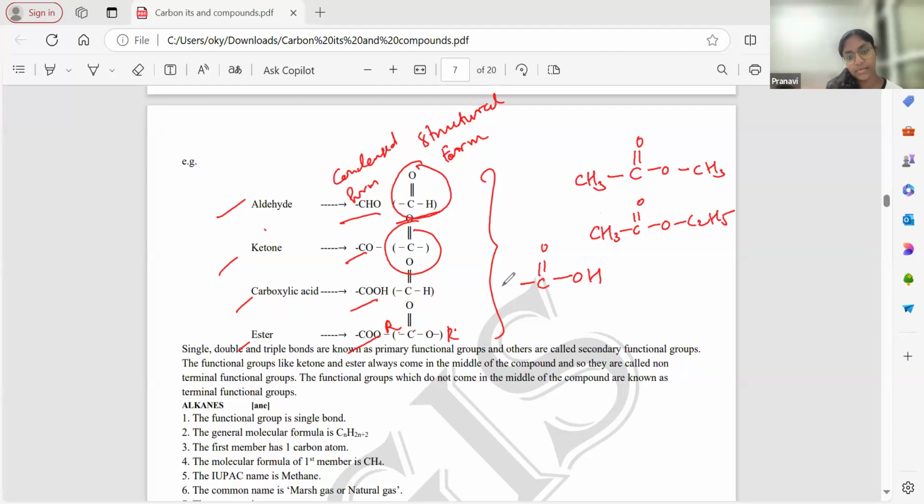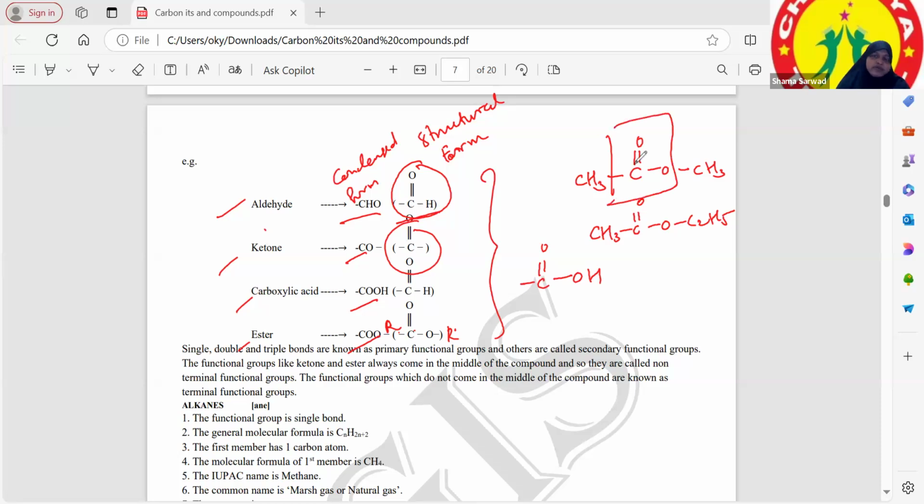Since it's COO, isn't it just going to be two oxygens? No, it's double bonded. This is the hydrocarbon and this is your functional group. How will the functional group go with another oxygen? Your functional group will change completely. This is your functional group, right? It is present in a hydrocarbon, meaning wherever it is attached.